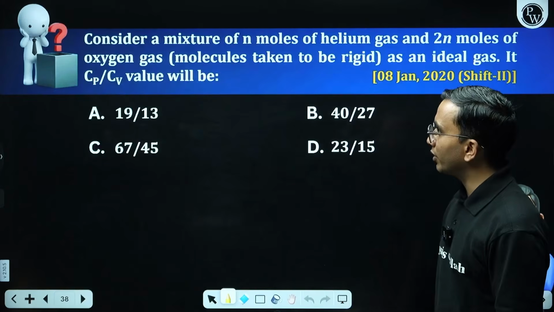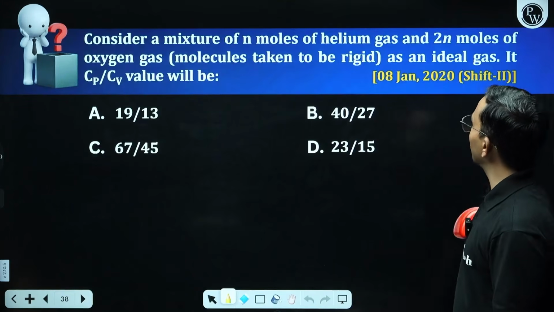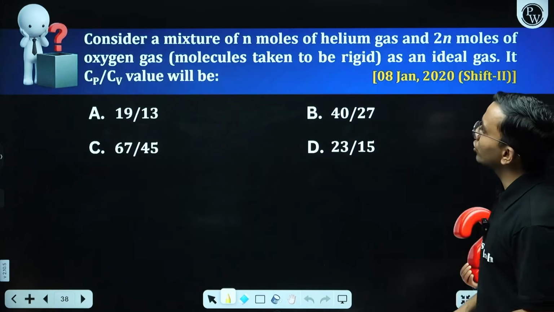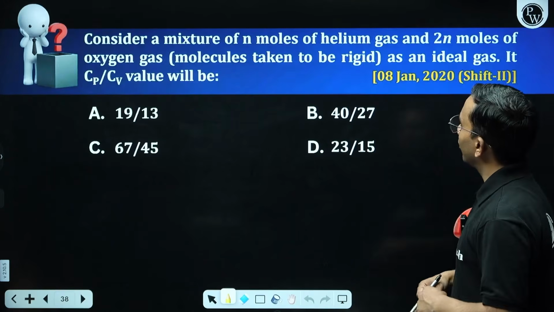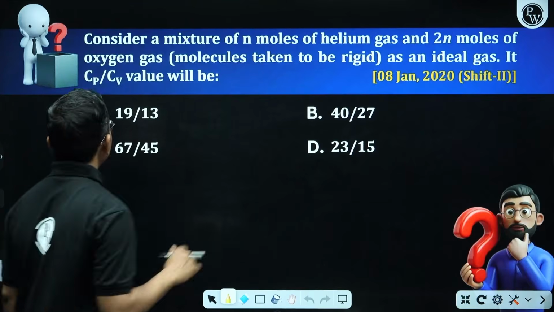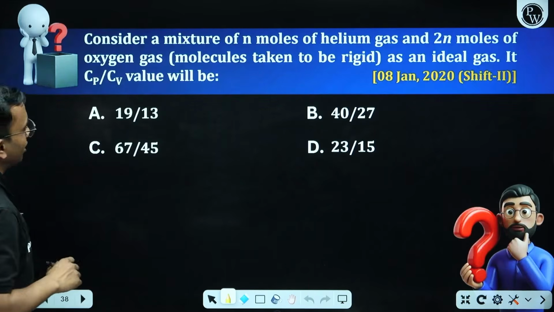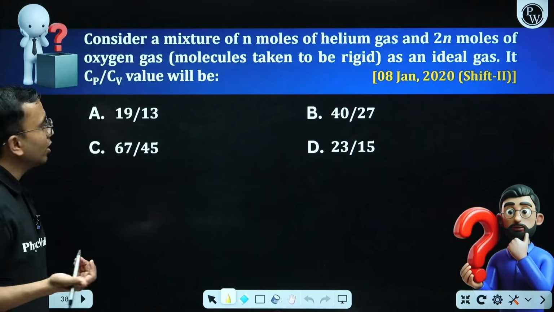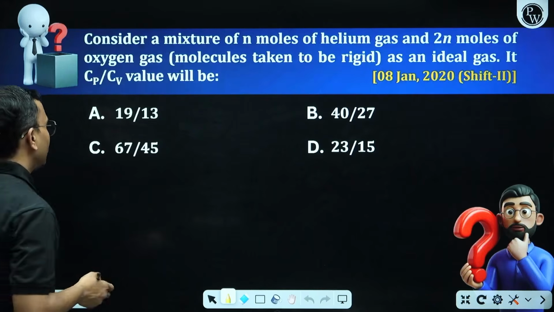Another question we are having here. Consider a mixture of N moles of helium gas and 2N moles of oxygen gas. Molecules taken to be rigid, as an ideal gas. The Cp by Cv will be, means I need gamma. So let us find CV mixture first.